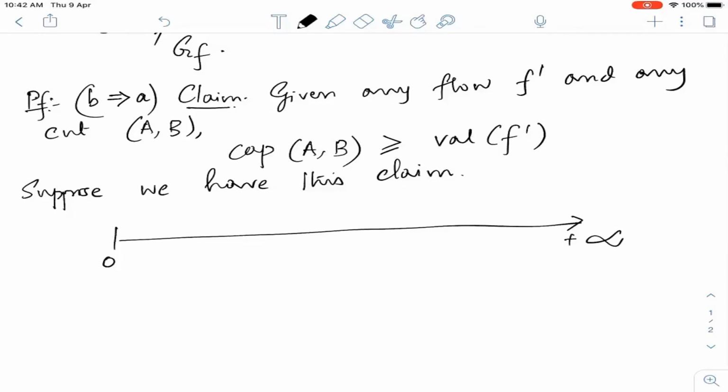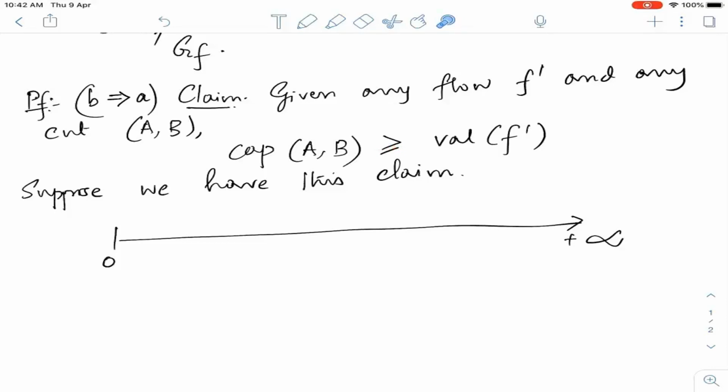Yeah. And let us plot all the possible values of the capacity of the cuts in my graph. Remember, these are all ST cuts, right? And all possible values of the ST flow in my graph. Okay. So if I'm able to prove the first claim, the one which I've written above, then who can tell me how this figure should look?